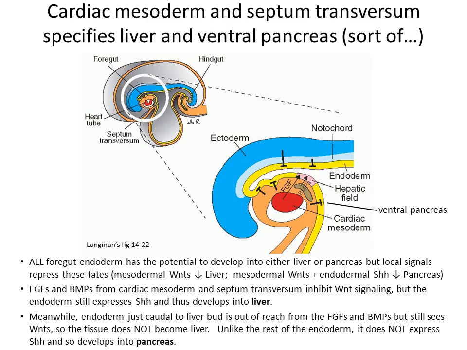Meanwhile, endoderm just caudal to the liver, out of reach of the growth factor and bone morphogenic protein signals, does not become liver. Unlike the rest of the endoderm, it does not express this gene and develops into the pancreas. That's the process of development of the pancreas and liver.